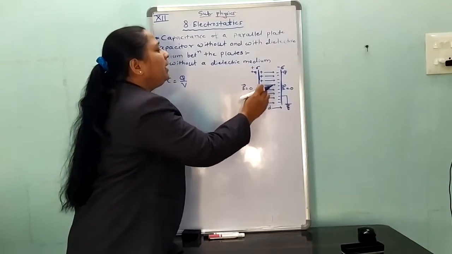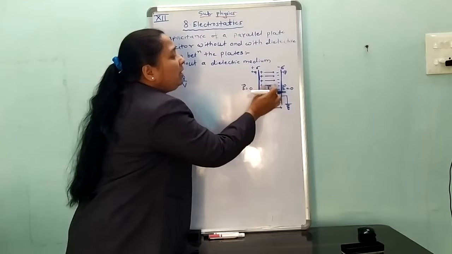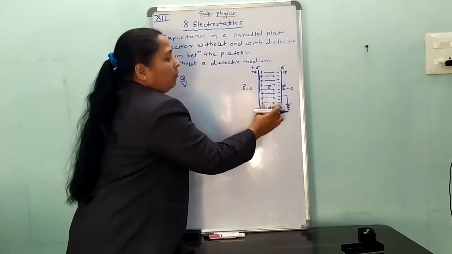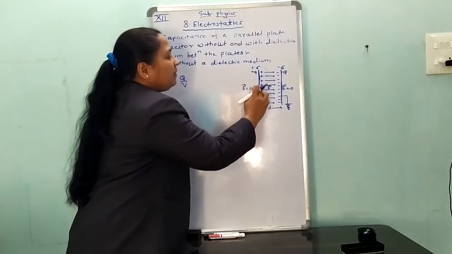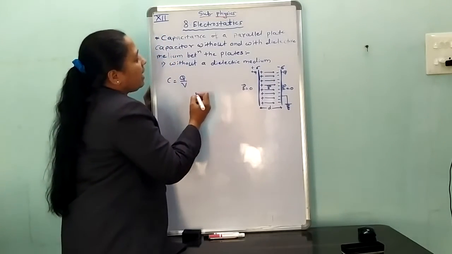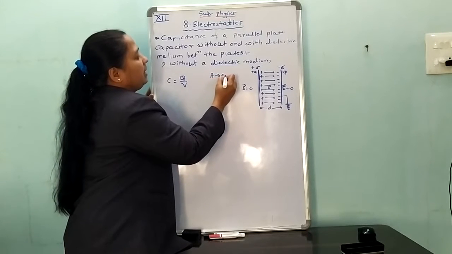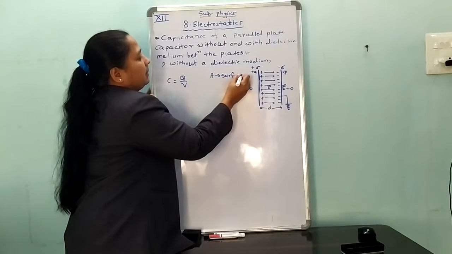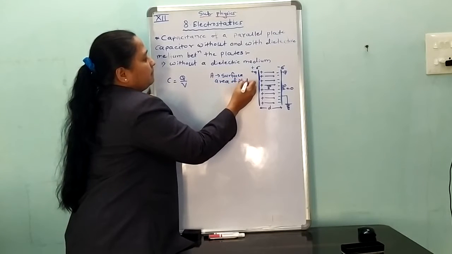Their surface area is A, the surface area of the plates.